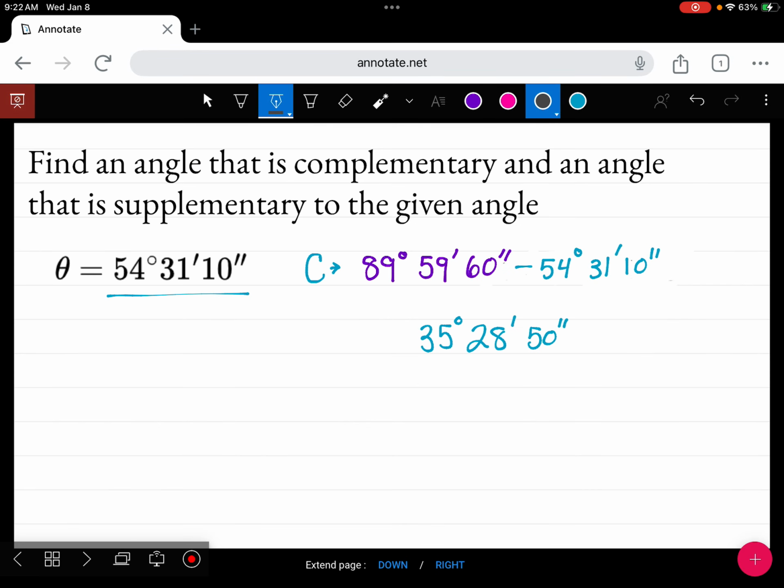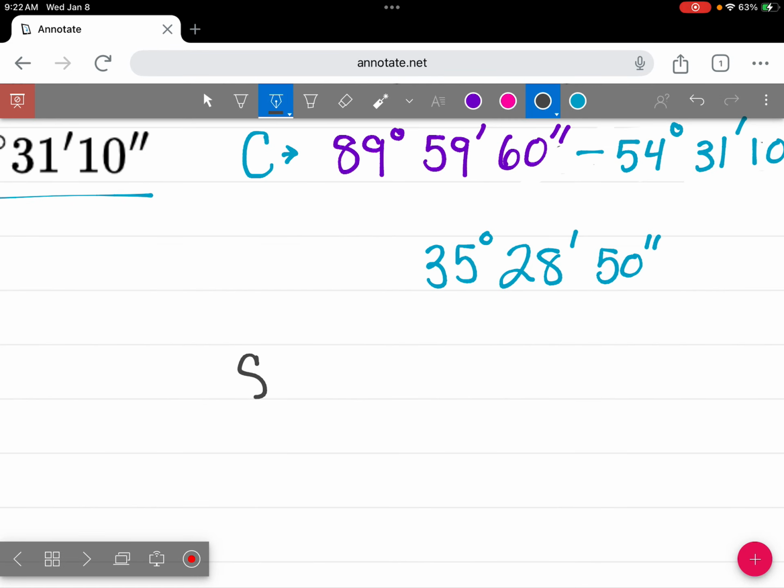Same thing for our supplementary. Same vibe. But instead of doing 90 degrees, we're going to do our 180 degrees. So we're going to mark it as our 179 degrees, 59 minutes, 60 seconds. This still adds up to 180 degrees because this is the same thing as 1 whole minute. This is the same thing as 1 whole degree.